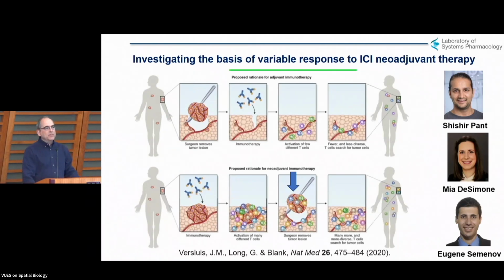And so in the last couple of years, there's been a fundamental shift in how immunotherapy is used, from what's called the adjuvant setting to the neoadjuvant setting. So adjuvant setting is in the case of a tumor that's resectable, surgery first, drug second. Neoadjuvant is drug first, surgery second.